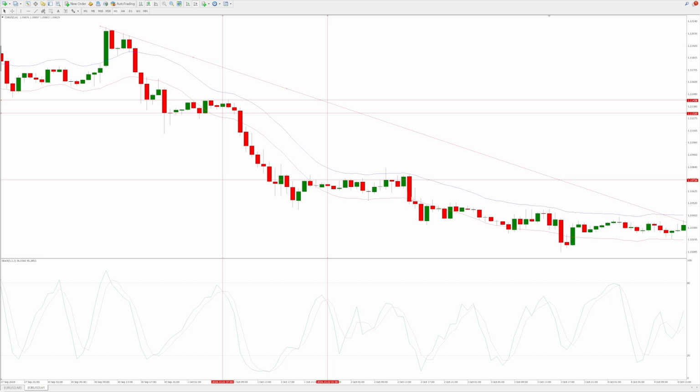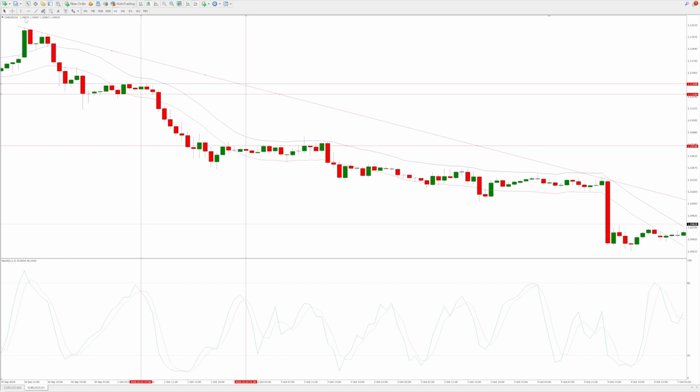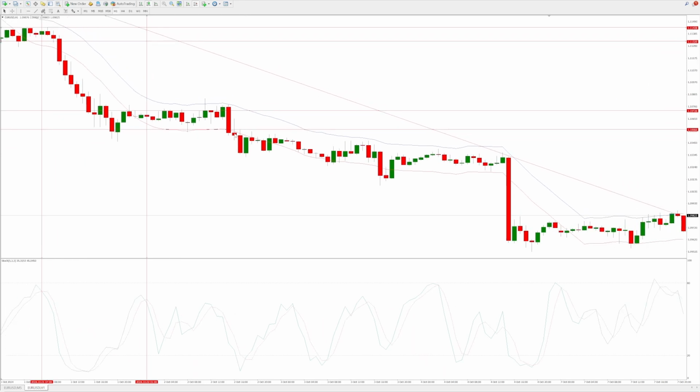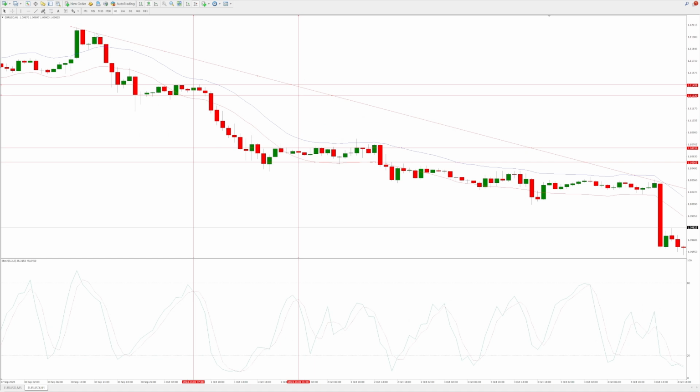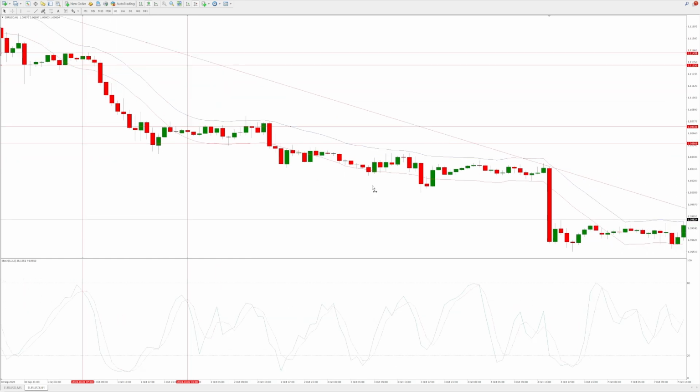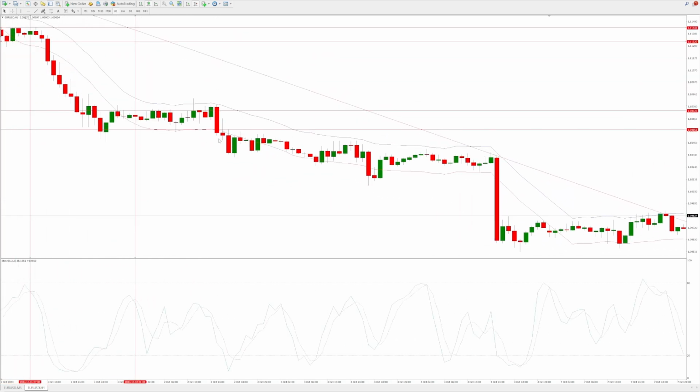Again, a breakthrough here of the lower envelope. I mean, that would have been a decent entry there to get in. Probably you would have been later to the move than had we entered on this initial point around here. Yet there's still plenty left in the tank to take this entry there.